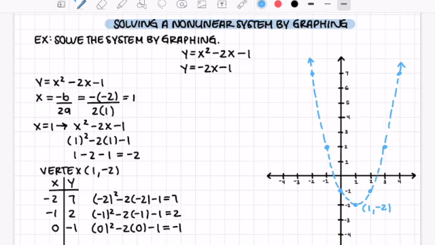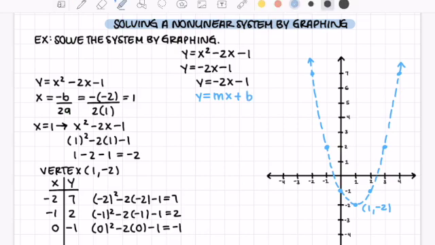Okay, so next step, we need to graph out our linear equation now. Our linear equation was y equals -2x minus 1. And so all I need to do is identify what my slope is and my y-intercept. So underneath, I'll put down the equation y equals mx plus b.